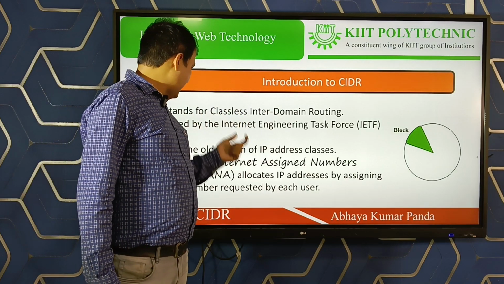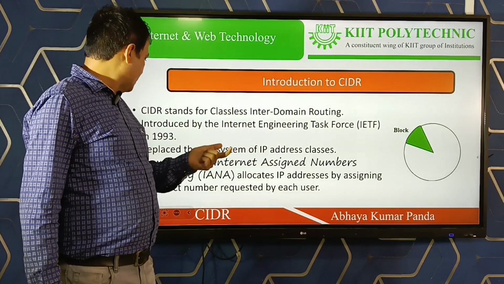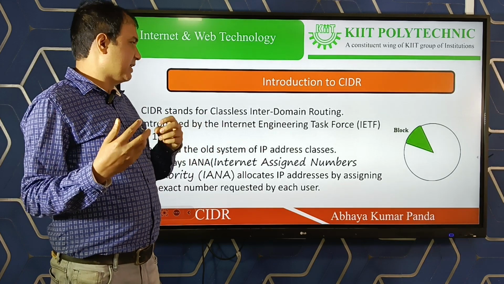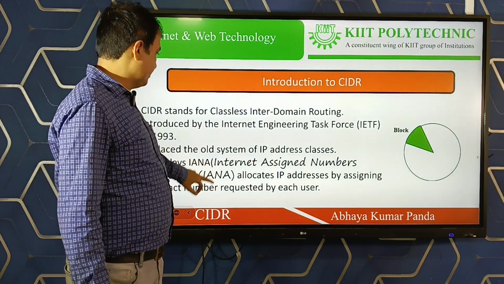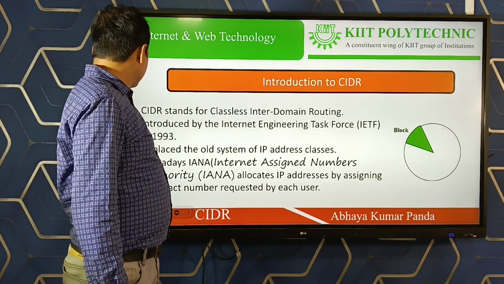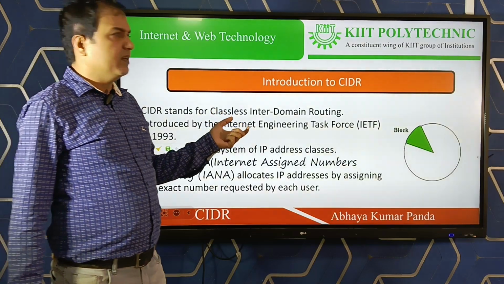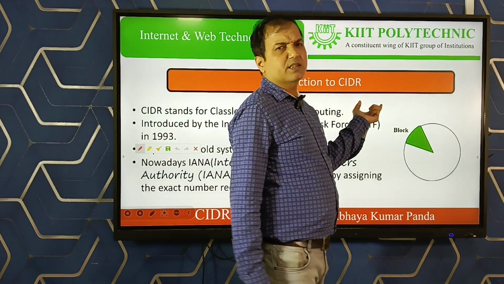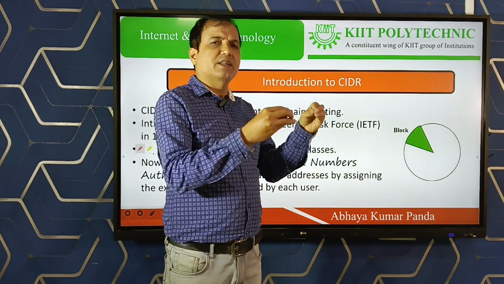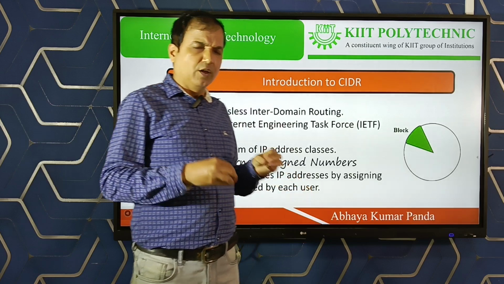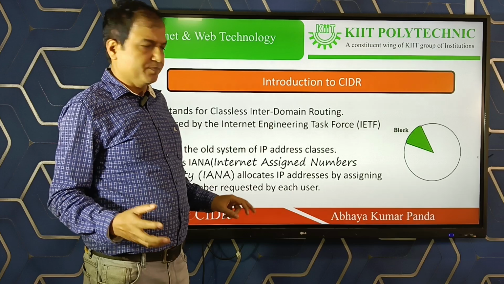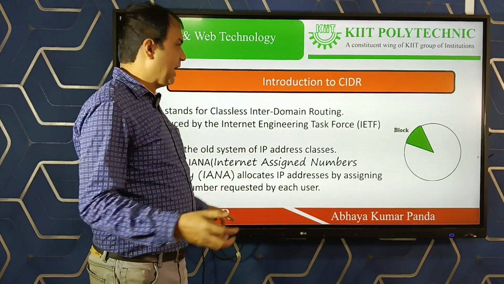Nowadays IANA, the Internet Assigned Numbers Authority, allocates all IP addresses using this scheme. Now, if any organization needs 2000 IP addresses, it will be provided the exact amount. Due to this, IP addresses are not wasted, and we can use them better.